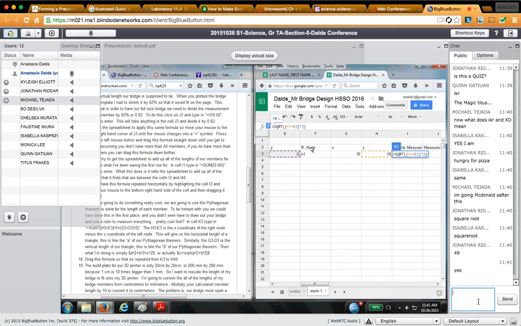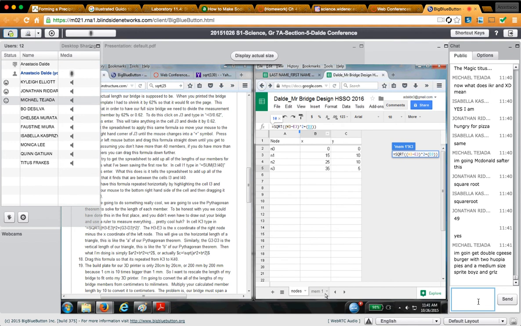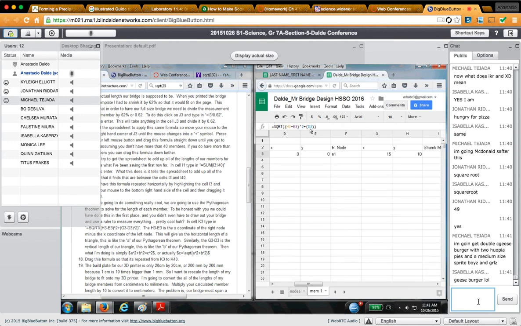And then what I want you to do is add another thing for me. I would like you to take the x value of the second coordinate, x2, minus the x value of the first coordinate, which would be here. Wait, I messed up. I wanted you to do this one.